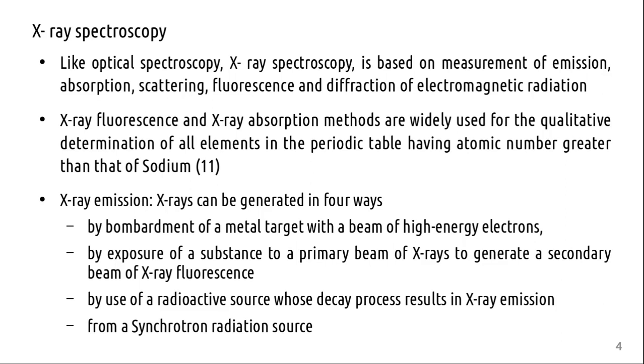It's by bombarding a target with electrons, or you could have secondary emissions, or radioactive decay results in X-rays. It can even be generated from a synchrotron radiation source, which is a high energy source.